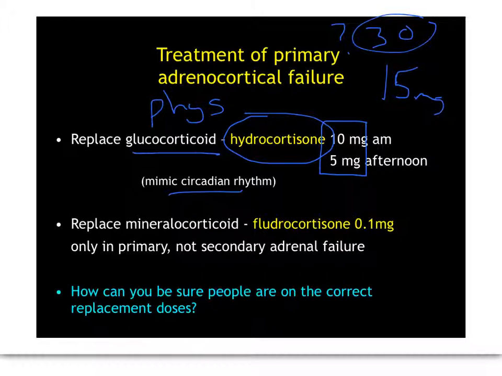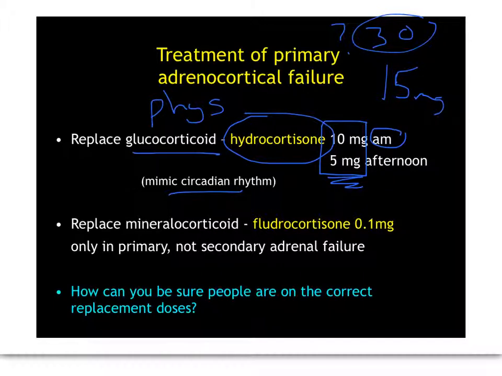Cortisol is a wake-up hormone, so we give the majority first thing in the morning. Some patients are so sensitive they set an early alarm and take their first dose an hour or two before they actually start to rise in the morning. For the afternoon dose, some people find that if they take it earlier in the afternoon they sleep better late at night. But typically people would take it morning and evening.